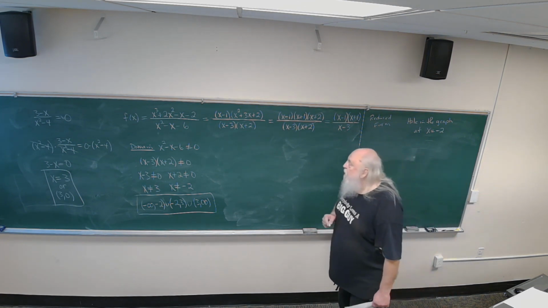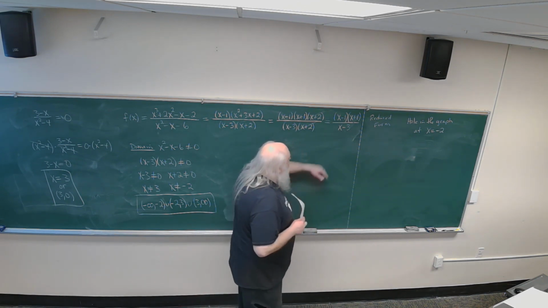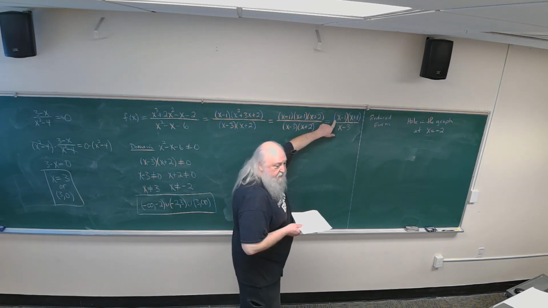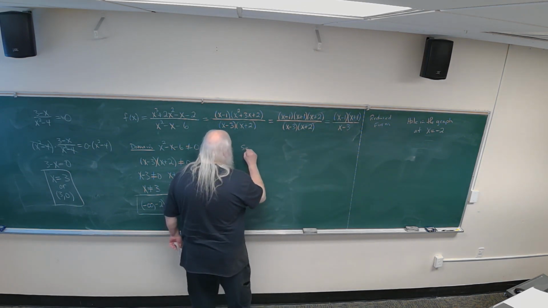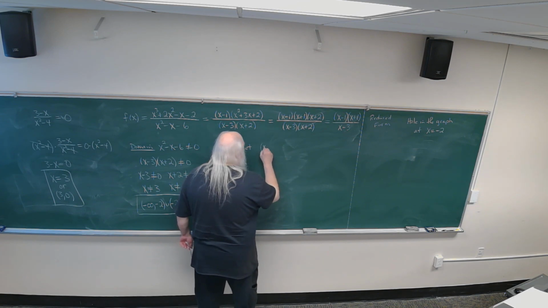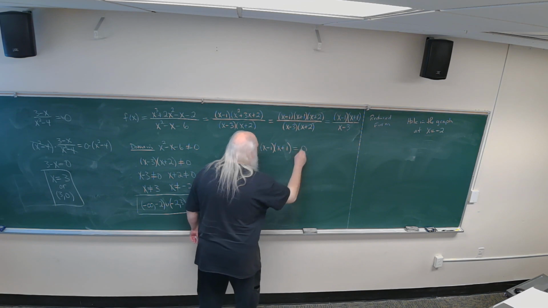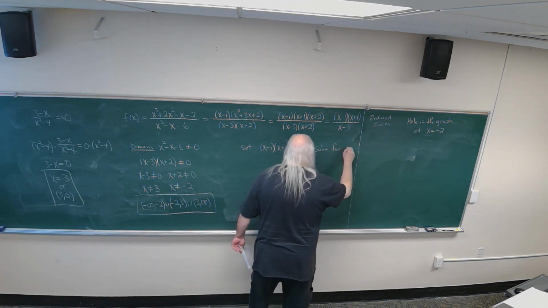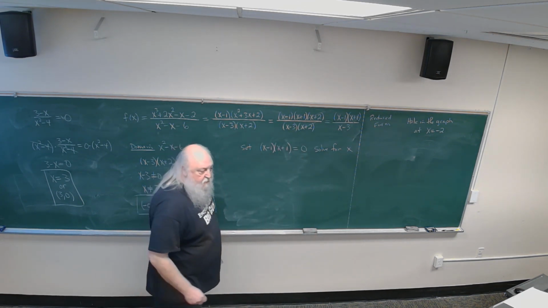Okay. So now, to find the x-intercepts for the graph of this rational function, you set the numerator in reduced form equal to 0 and solve for x. So we get a product of two factors, right?